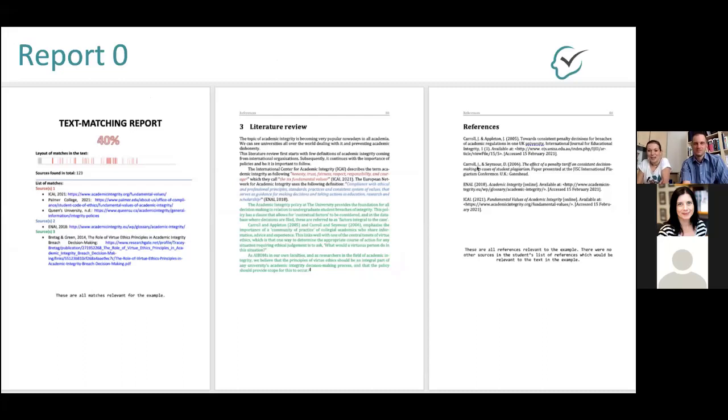So maybe I can ask someone who identified it as plagiarism to explain why you consider this plagiarism, and the same for someone who considered this not to be plagiarism.